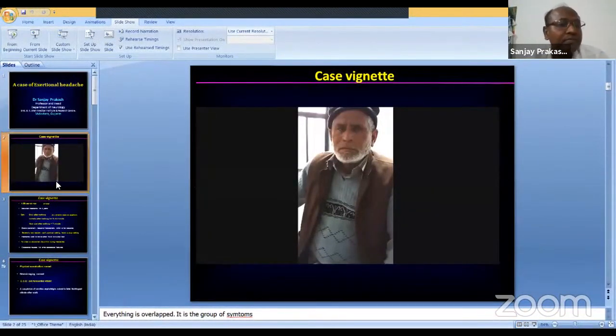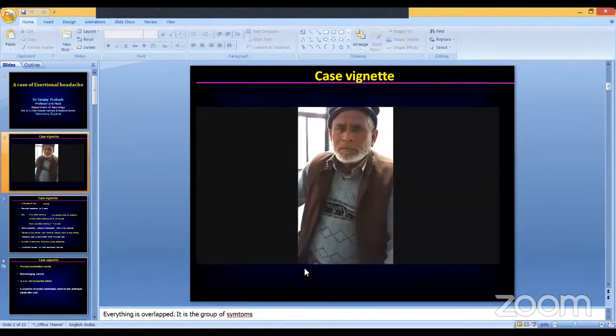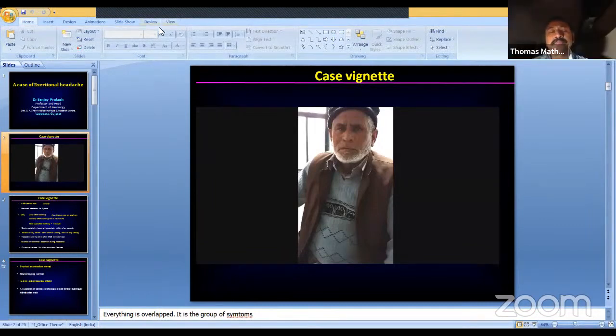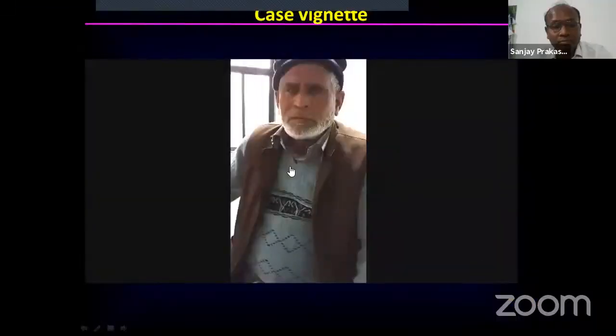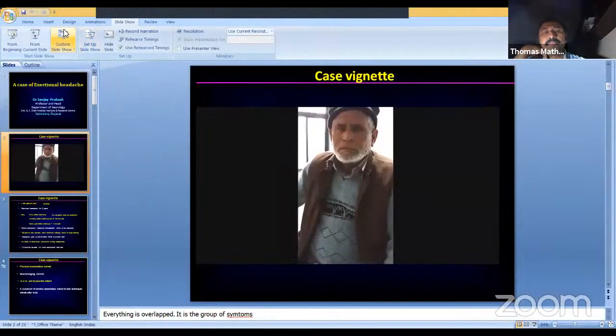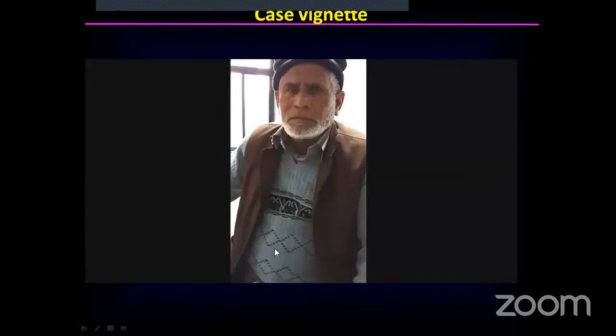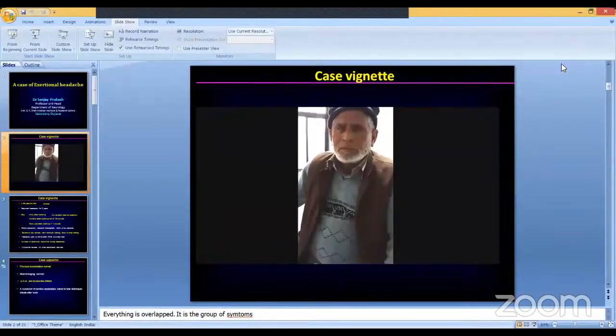I'm sorry, it is not working. Move your mouse. Do a slideshow, otherwise it will not come. Now it's working. Not working, sir, the video is not working. Stop sharing first, then click share screen, and on the lower left side there is a button for audio, share computer audio.